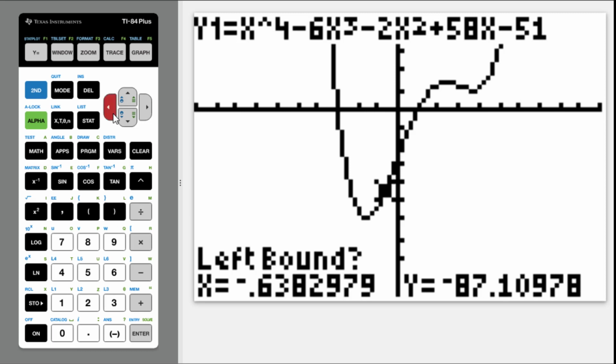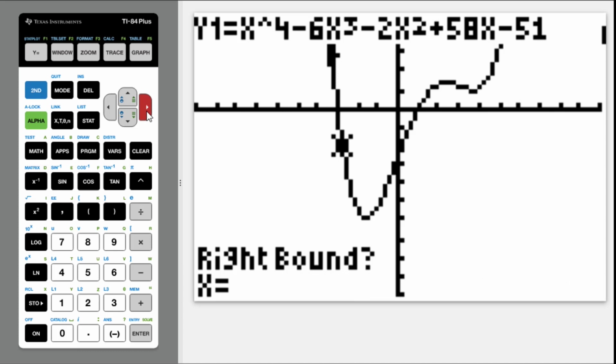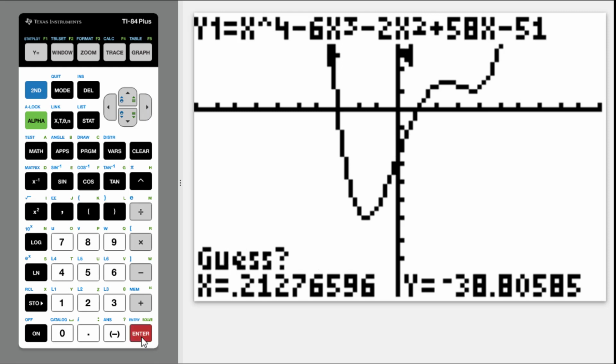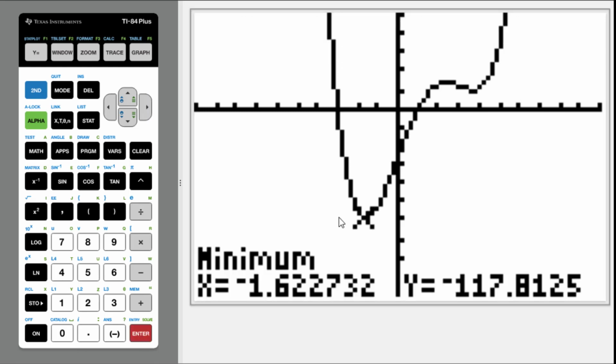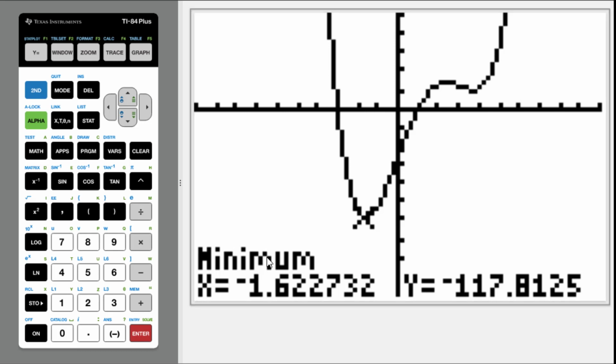Move the arrow to the left side of this minimum point. Enter. Then move to the right side of this minimum point. Enter. Enter. The minimum point is negative 1.62, negative 118 as a 3-sig fix.